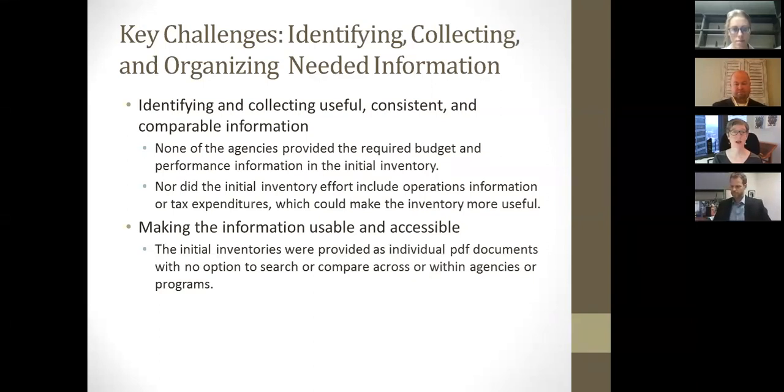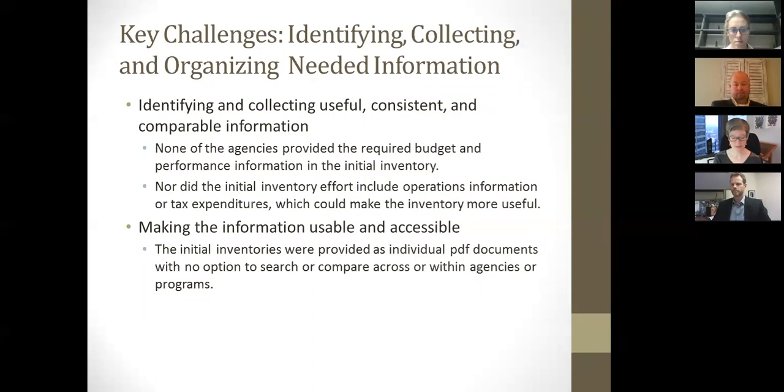And so you have to download them, you have to find them, you'd have to do a search for certain words, you'd have to look for certain programs or read through the whole thing. There's not a capacity to aggregate and compare within one agency, much less across them.